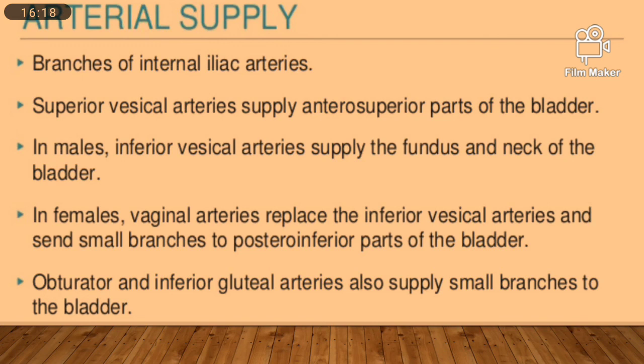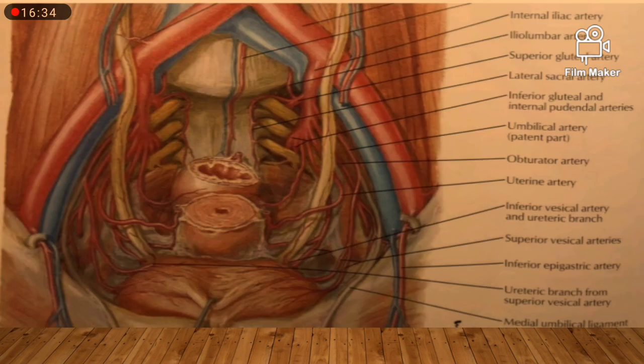In female, the vaginal artery replaces the inferior vesical arteries and sends small branches to the posterior part of the bladder. The obturator and inferior gluteal arteries also supply small branches to the bladder. So here you can see the diagram. The corresponding veins are also responsible for venous drainage.